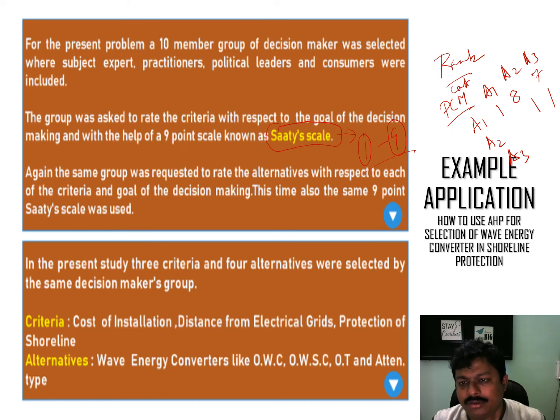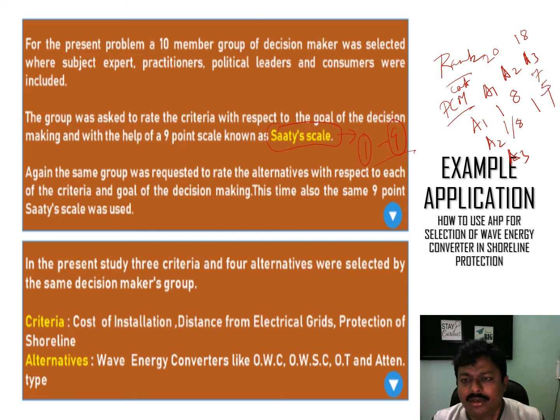And here also you see A2 versus A1, that will be just the inverse of this, so this will become 1 by 8. And here A2 A3, they are both not highly different because this costs around 20 lakh and this costs around 18 lakh, so not much difference between them, so you can give a rating of 5.